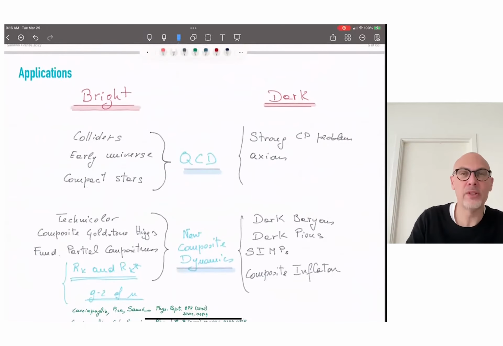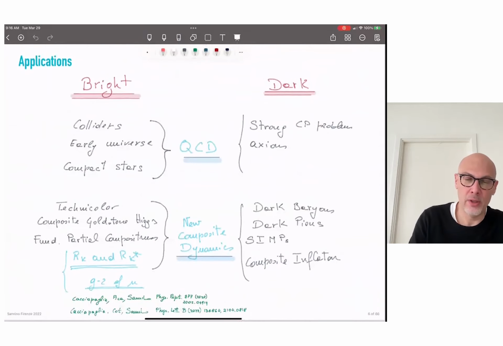So what can we use them for? Imagine that you had solved for these theories and you knew their dynamics. What can you do? Well, obviously we can understand QCD. QCD is important for collider physics. For example, the LHC is, I could say, a QCD machine because it's a proton-proton collider.